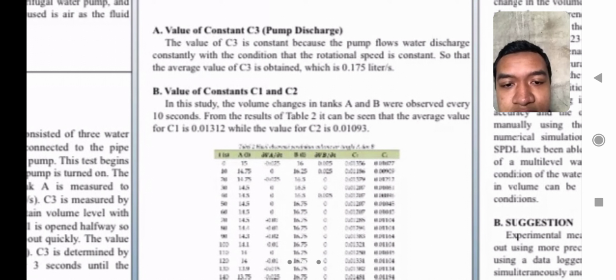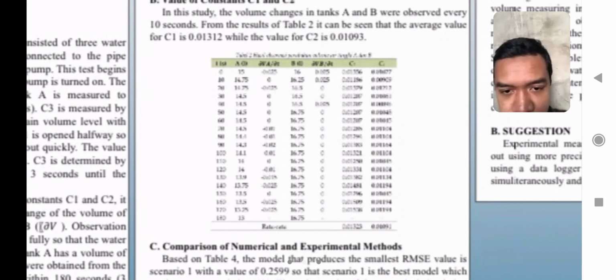From the results of table 2, it can be seen that the effective value for C1 is 0.01312, while the value for C2 is 0.010. And this is the table, you can look.